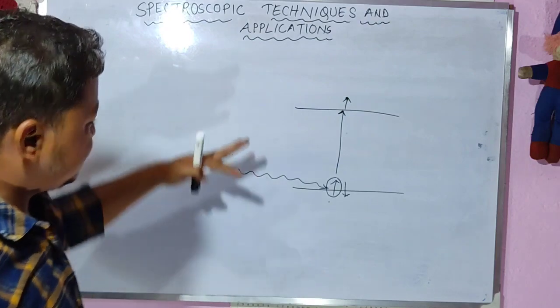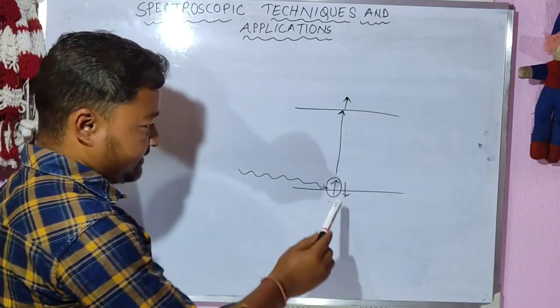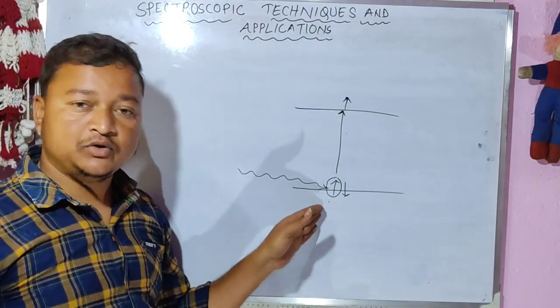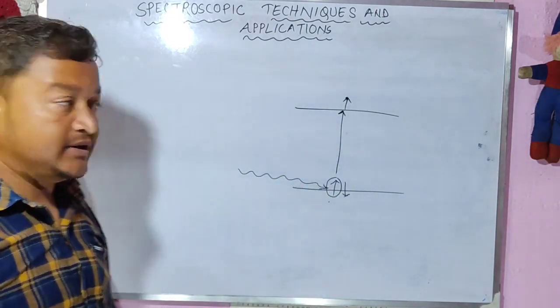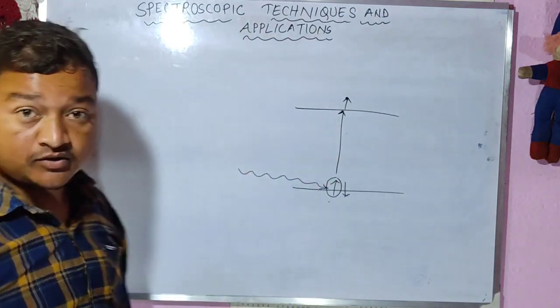So the basic is the electron gains energy and goes from lower energy level to higher energy level. This is the main theme of spectroscopy.